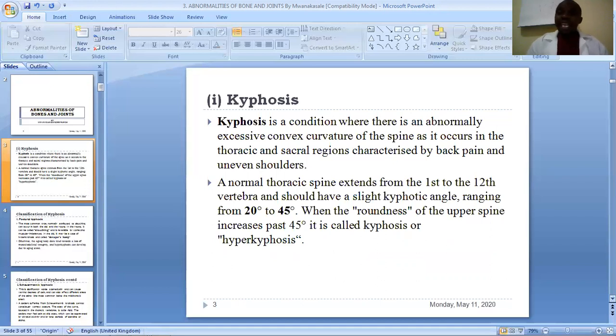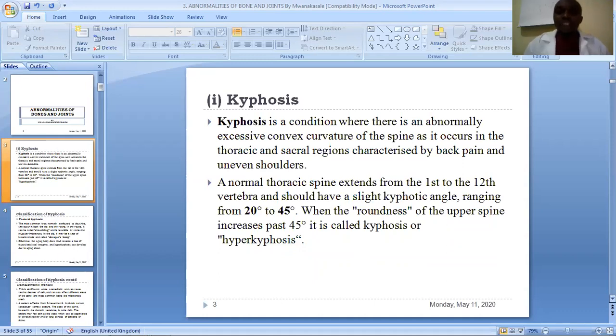Other books would say kyphosis is an orthopedic condition affecting the spine where there is an exaggerated outward curving of the thoracic vertebrae, characterized by back pain and uneven shoulders.